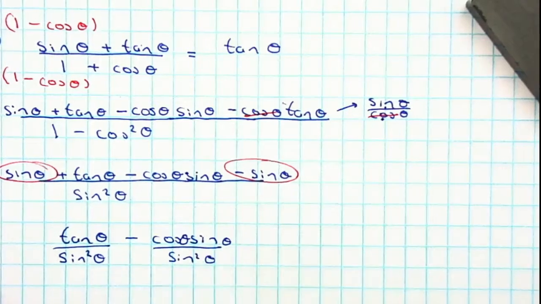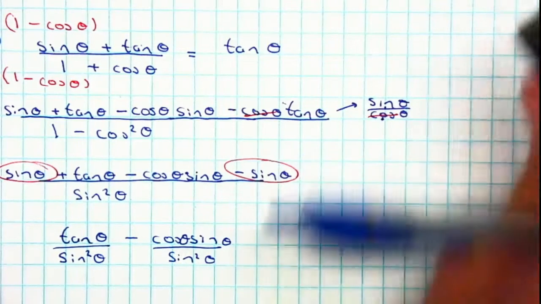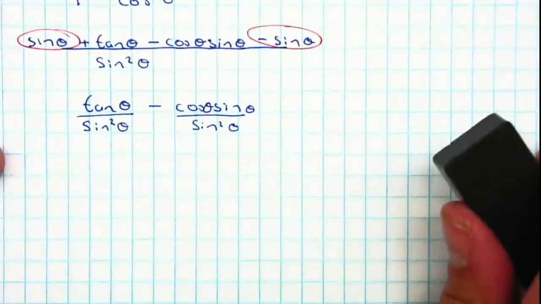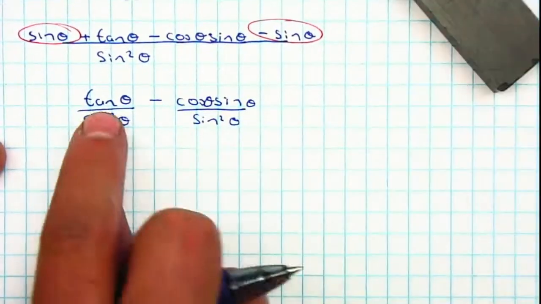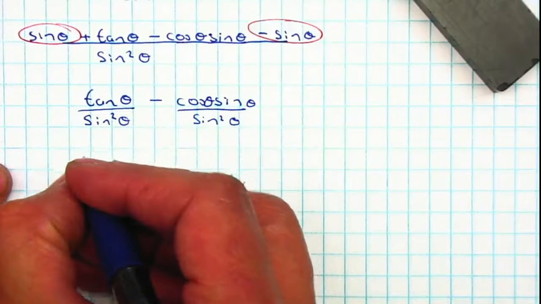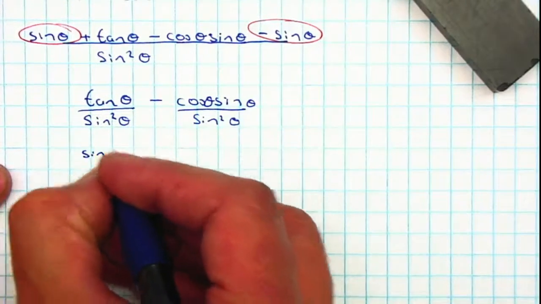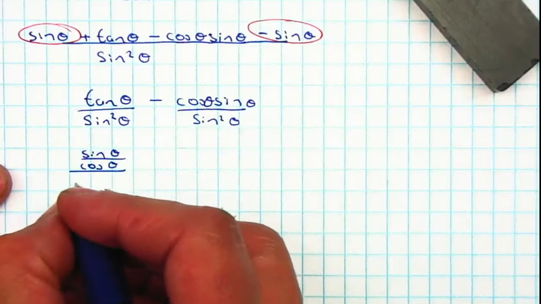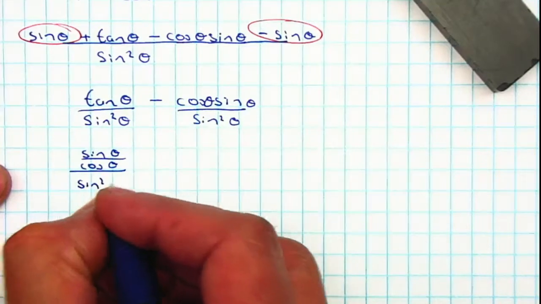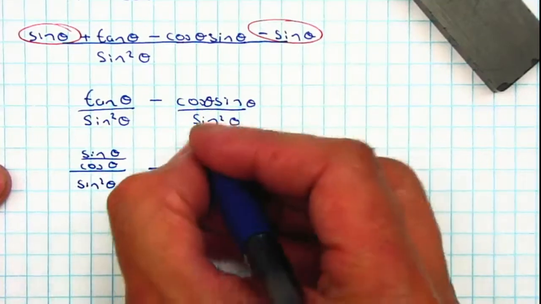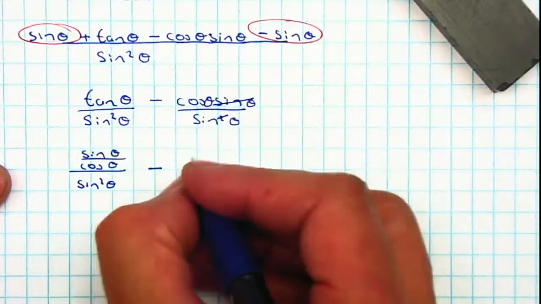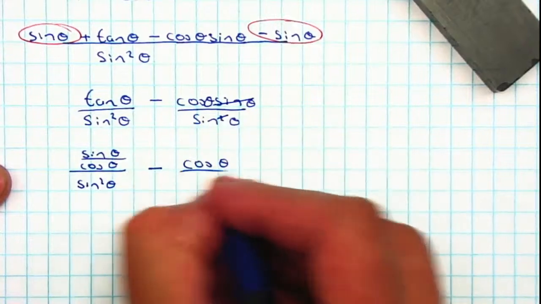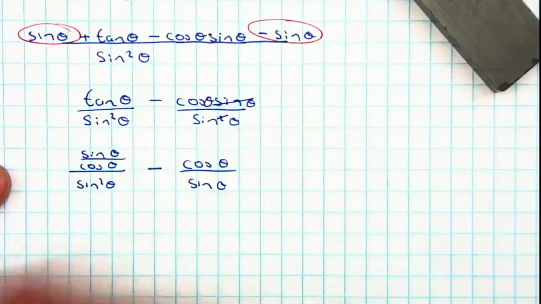And I'm just going to simplify it. I'm going to replace tangent with sine theta over cosine theta, and that's still over my sine squared theta, minus my sine cancels with 1, so I'm going to have cosine theta over sine theta.